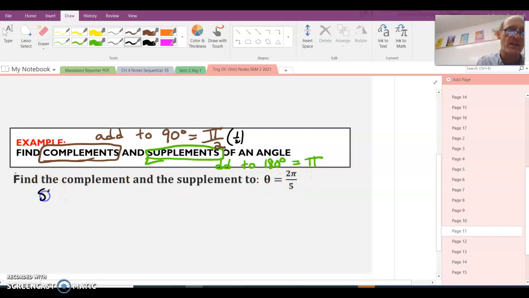Now the sketch of that. 2/5 is a little less than 1/2, and this is 1/2 pi from here to here. So 2/5 pi is probably about there.